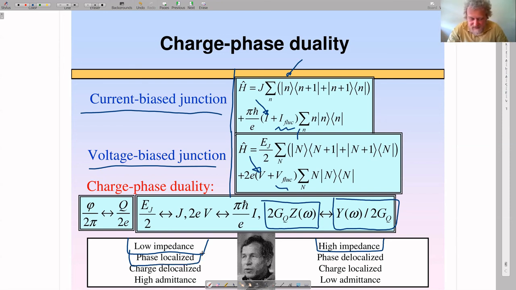Phase is localized. So we have just some currents at the voltage bias junction, and the localization here. So charge is delocalized.